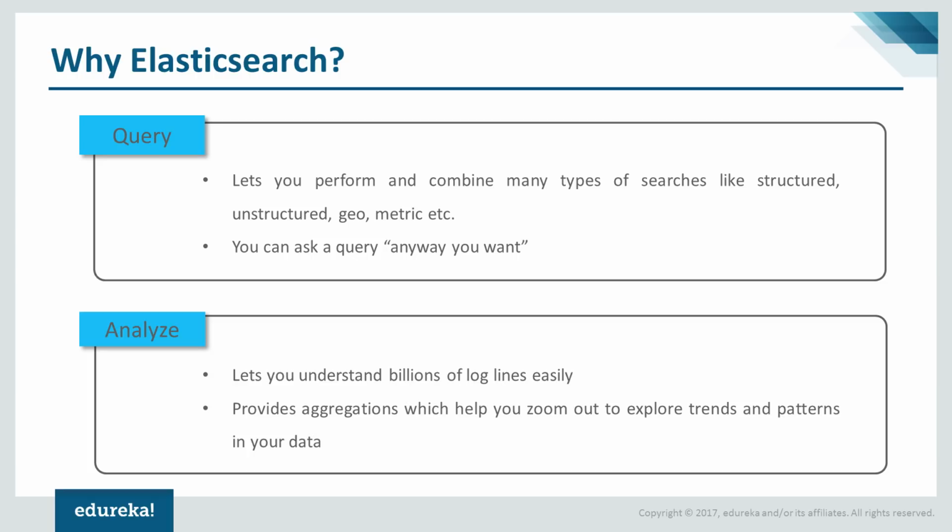Suppose I have a cloud environment of 500 nodes and I want to analyze the entire infrastructure in a short period of time. The best way to do it is with Elasticsearch, where I import the logs into Elasticsearch, and based on the responses I get, I can get to the root cause of the issue in a shorter period of time. That is one of the benefits we get in analysis with Elasticsearch. So query as well as analysis are both taken care of by Elasticsearch.